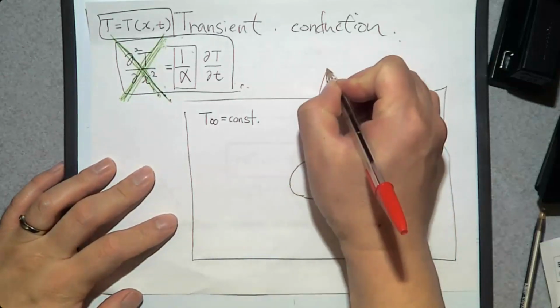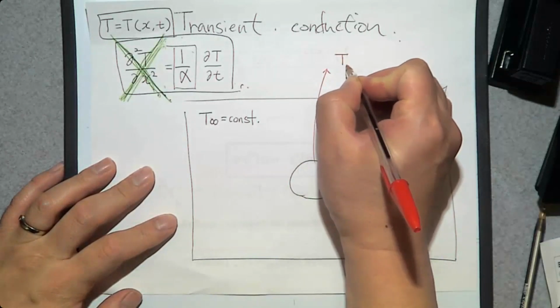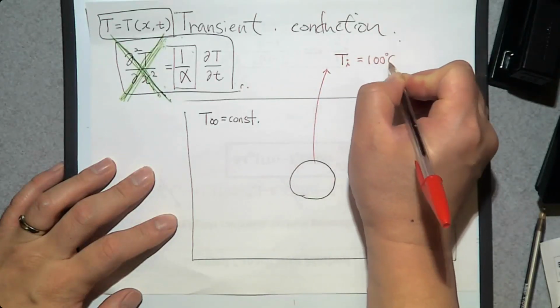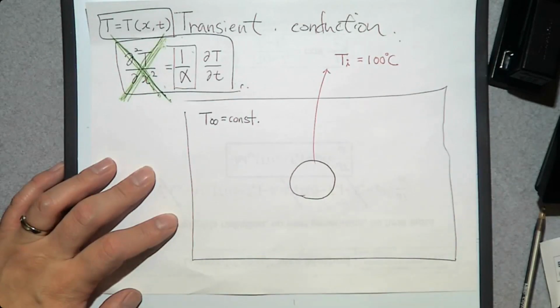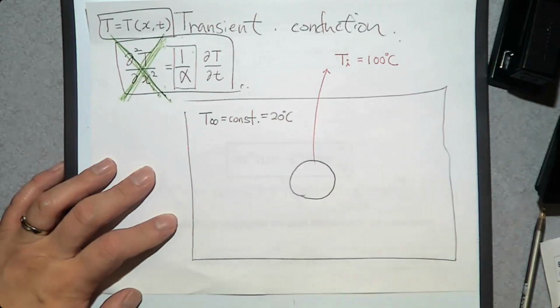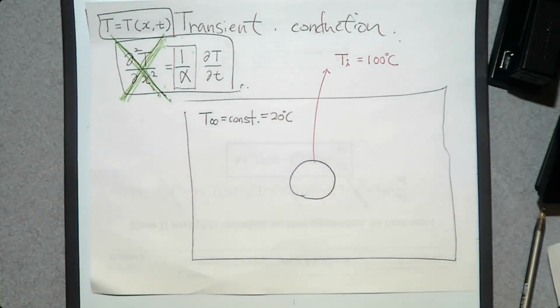Initially, Ti, the initial temperature, is 100 degrees Celsius, and the temperature of the surrounding fluid is going to be 20 degrees Celsius. Because the temperature of the solid is greater than the temperature of the fluid, there is a heat transfer from the solid to the surroundings.